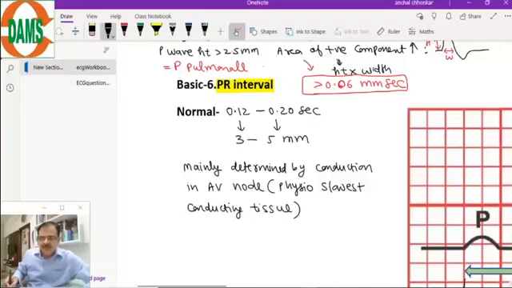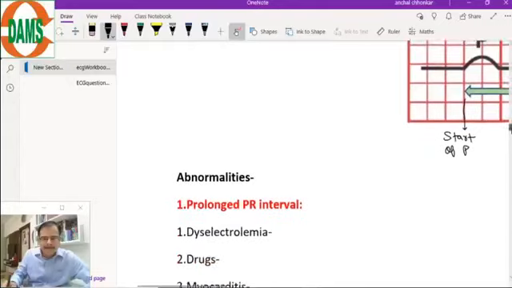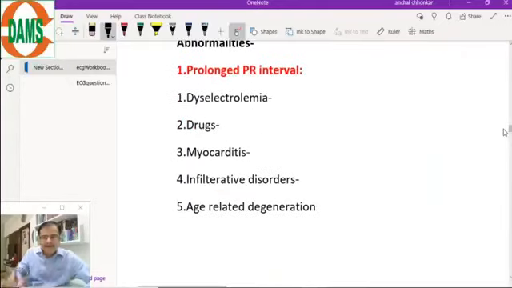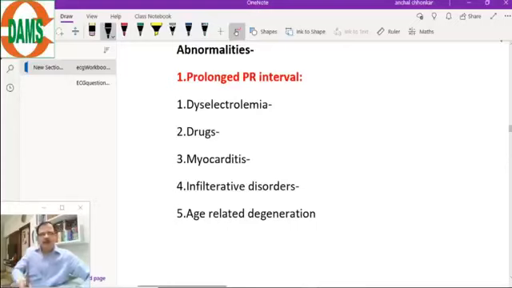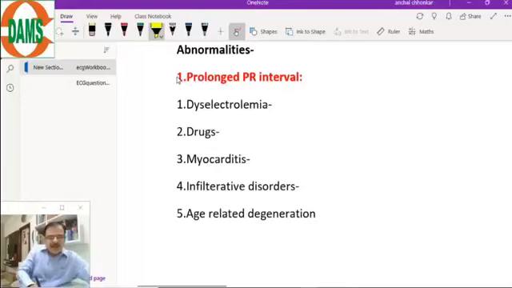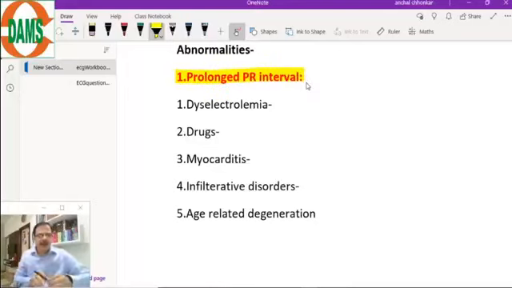So first abnormality, let's see. Abnormalities of PR interval. The first abnormality is a prolonged PR interval. It gets increased. And how will you assess in a very quick, fast manner that it is prolonged in the ECG? Because in the exam time is very, very less. So it will be more than 0.20 seconds or more than 5 mm.